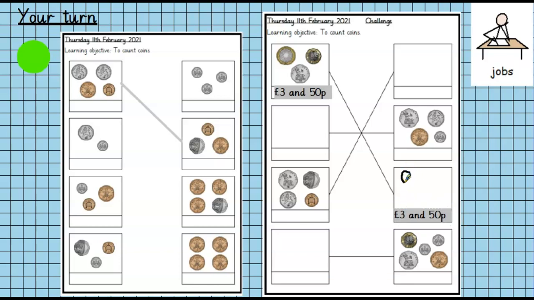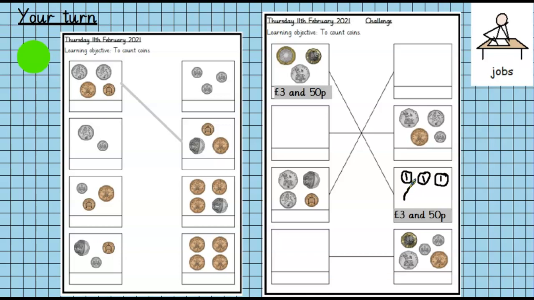But remember, you can do it in a different way. So I'm going to draw a £1, a £1 and a £1. That makes £3 and a 50p. Or maybe I could do 5 10p's, couldn't I?